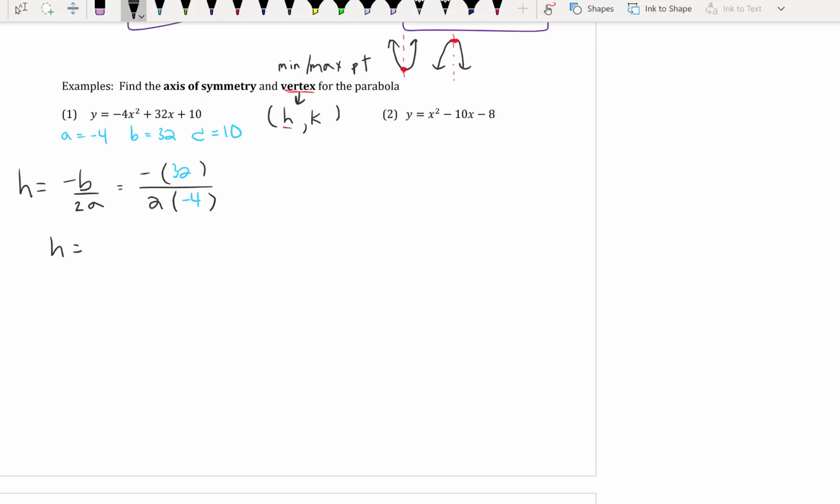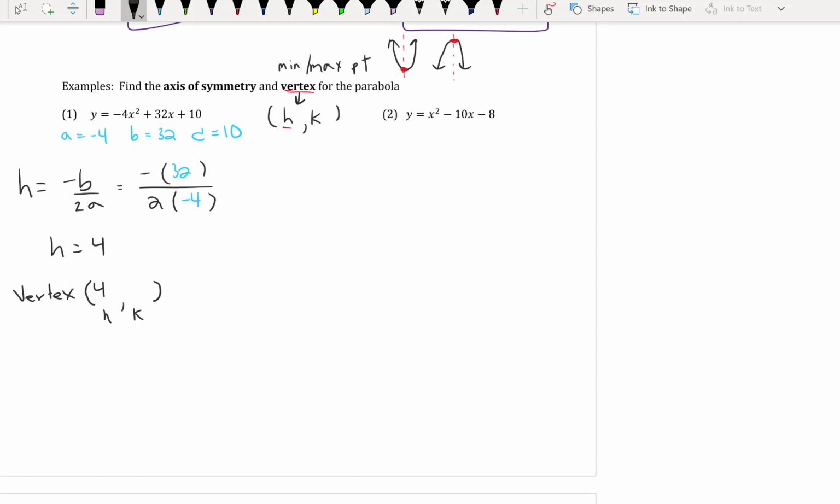Now I'm just going to plug that into my calculator. I have a negative 32 in the numerator and a negative 8 in the denominator. A negative divided by a negative is a positive, so now I have that my h value is 4. For my vertex, I need the h and the k value, and I at least know that the h value is 4.